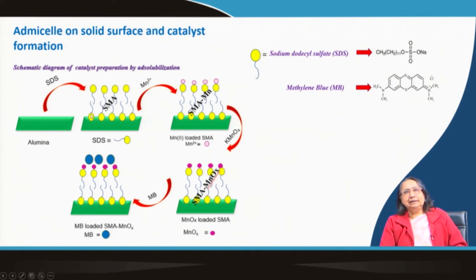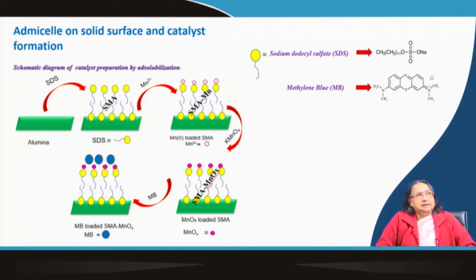Here you can see that the hydrophilic end of the surfactant is facing toward the solid surface. This is the alumina surface. Alumina depends on the pH ZPC. What is pH ZPC? It is a characteristic of a solid surface.